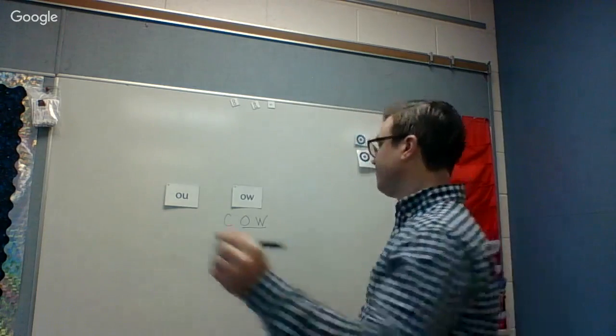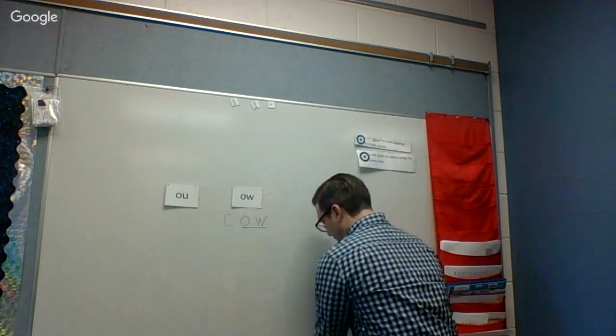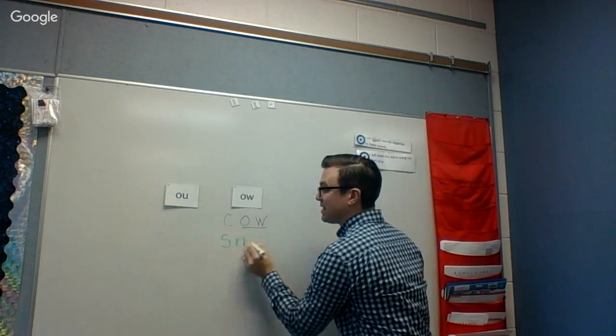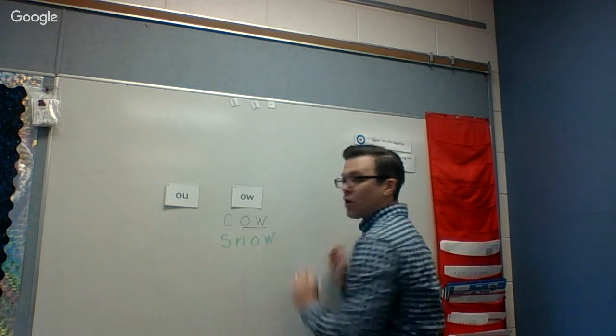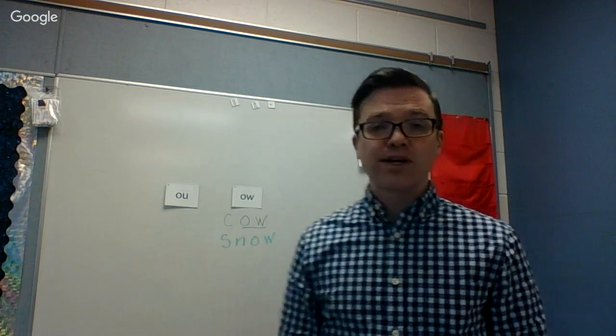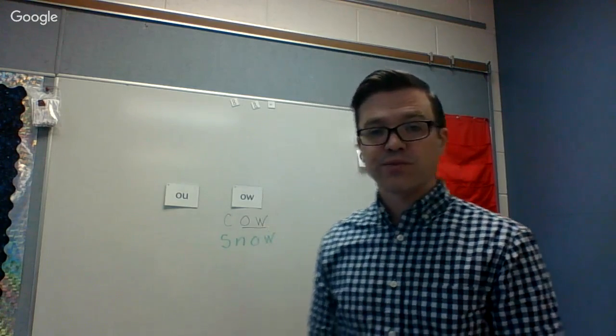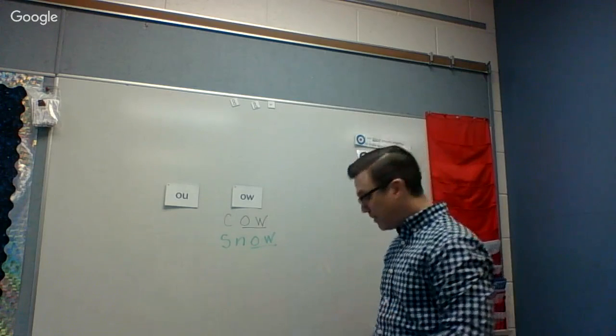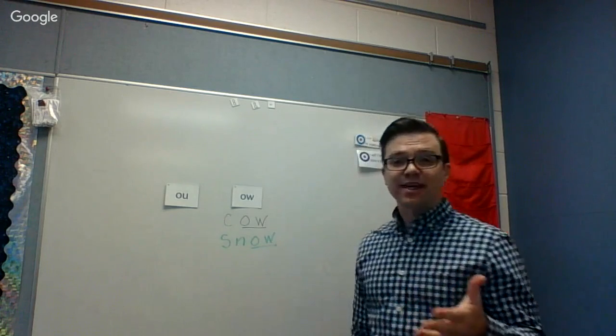Go ahead and try to write the word snow on your whiteboard. I'm going to try to write it. And I'm going to put it here. S-N-O, snow. Now, what's my marking for the word snow? I underline the OW because it's making its second sound.